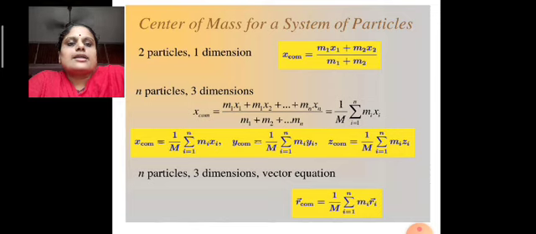Here r is replaced by x, y and z according to the motion of the particle, whether it is one dimensional, two dimensional or three dimensional.